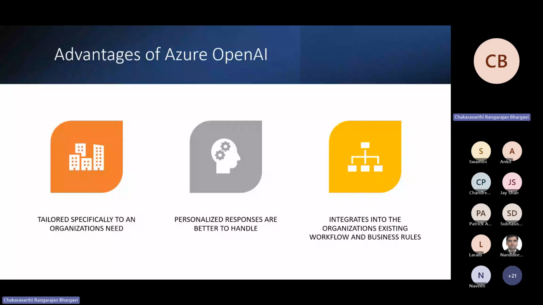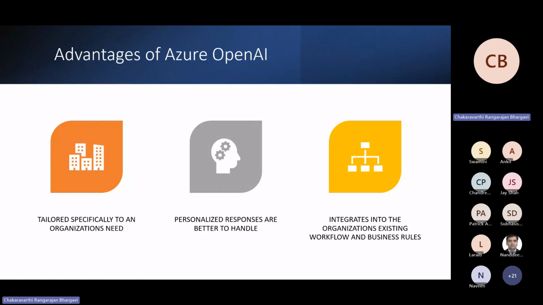So it adapts itself to the business rules that you are setting for it, and it would be able to work better than the other bots available in the market.